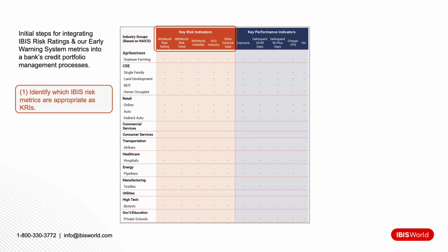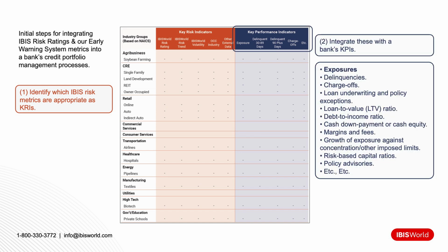By the way, our senior commercial banking staff are available to assist as we've had years of experience working with banks of all sizes. Using IBISWorld's NAICS mapping tables, banks draw in a host of their internal performance data, combining it with risk indicators. This provides a comprehensive analytical view of the relative health of each line of business.